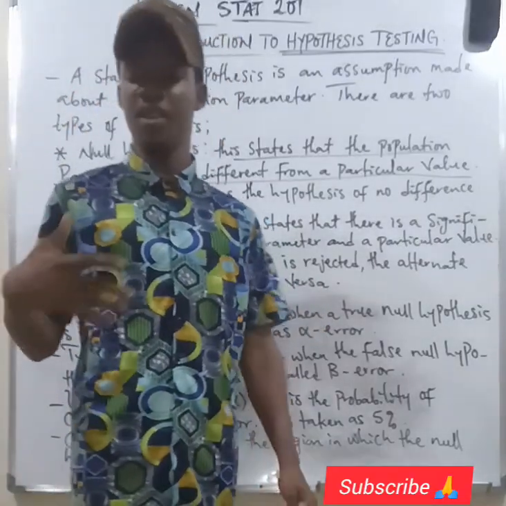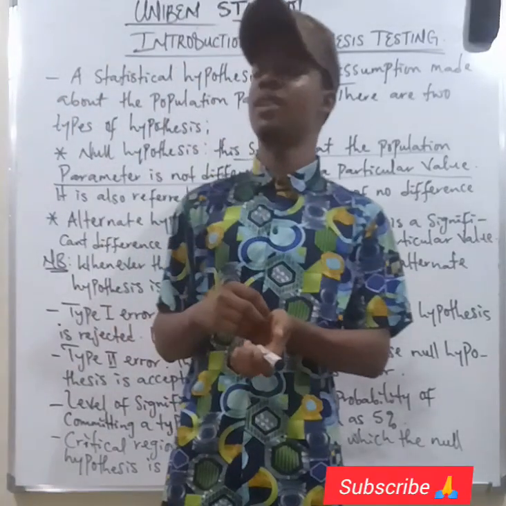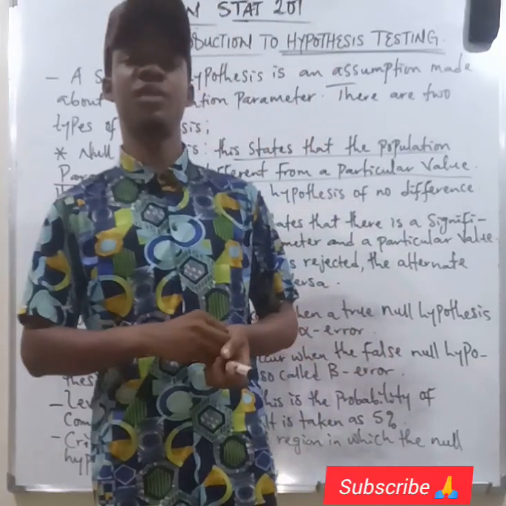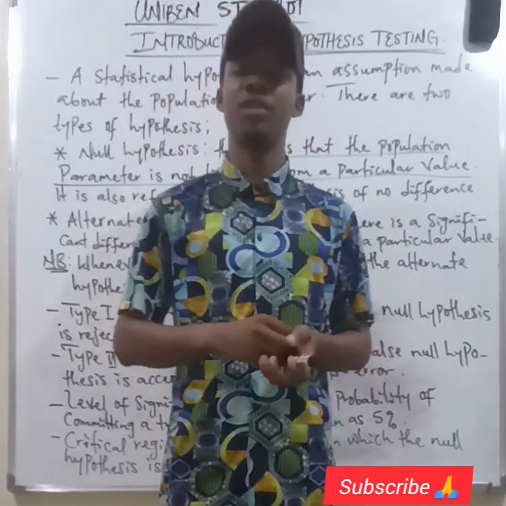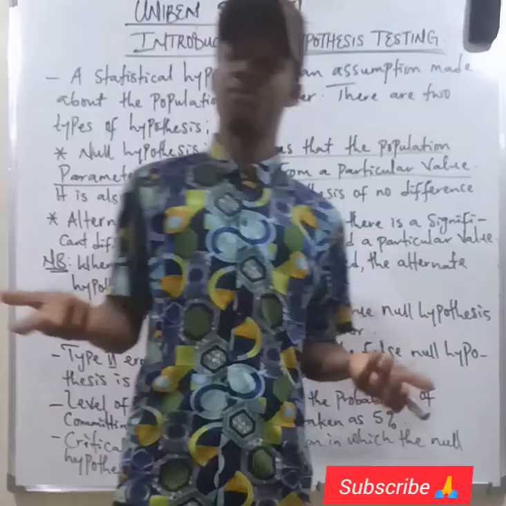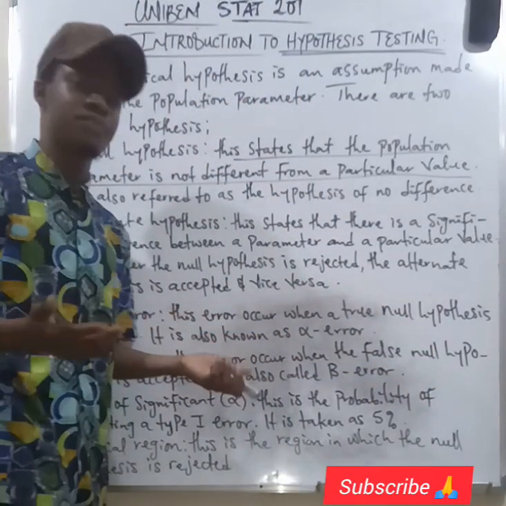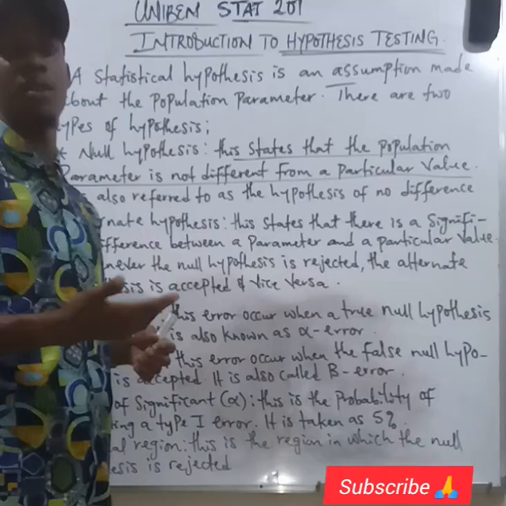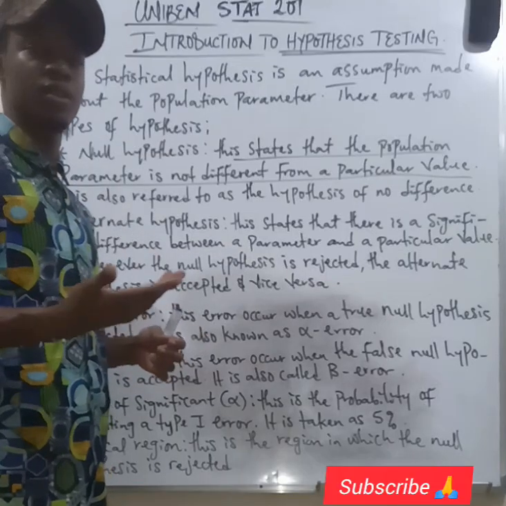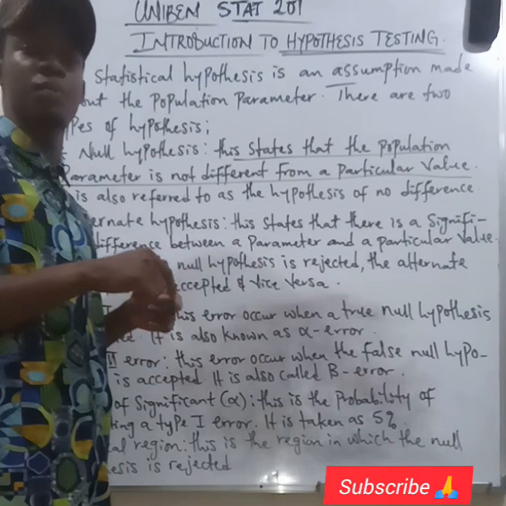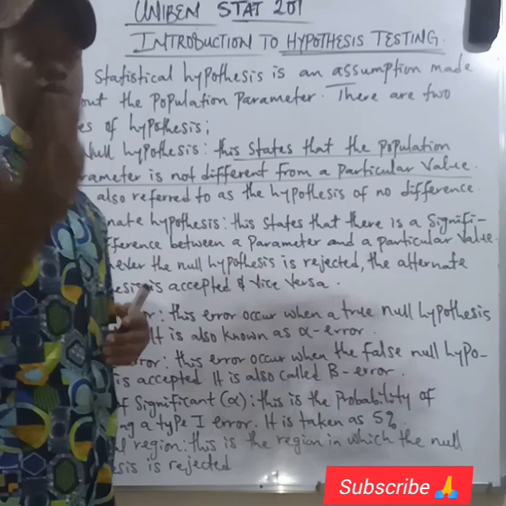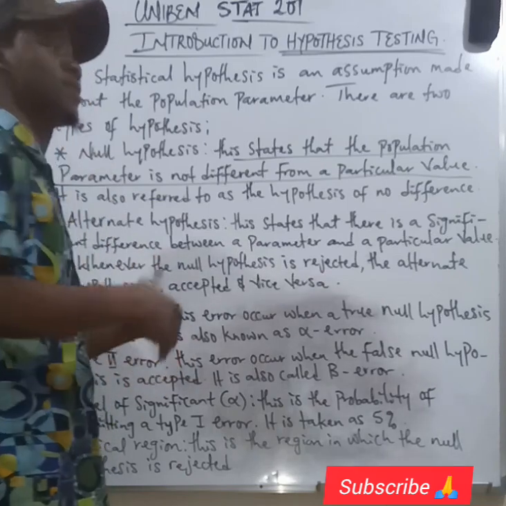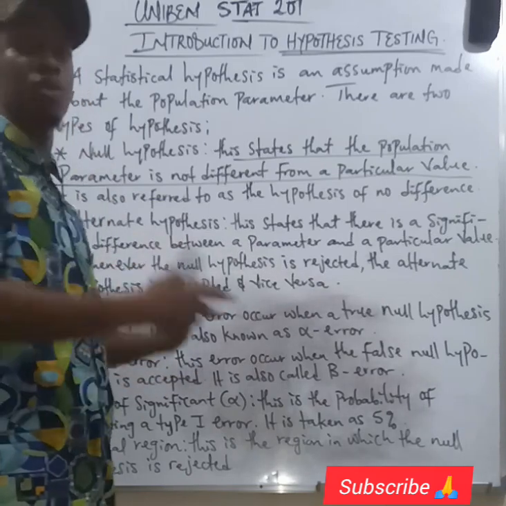If you now say, for example, not less than 25% of girls in University of Benin are obese, it means it can be more than 25%, but it will not be below 25%. So you can have over 25%. Now that thing I just made, that's a null hypothesis.